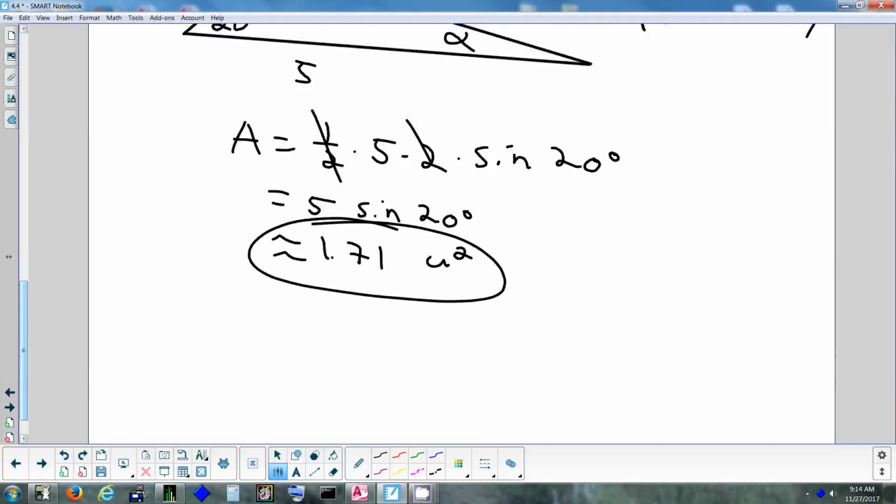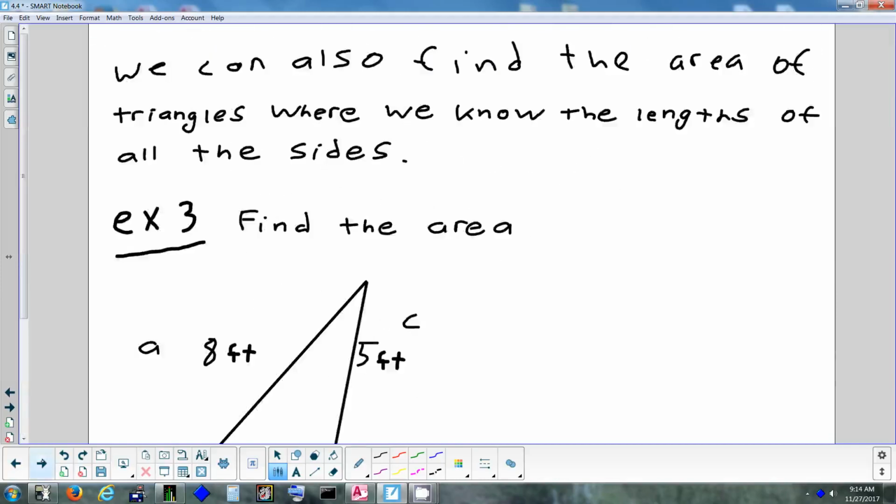All right, so let's try one a little different. We can still do it using the formula that I just showed you. But this time, the information that they give you is all the sides.